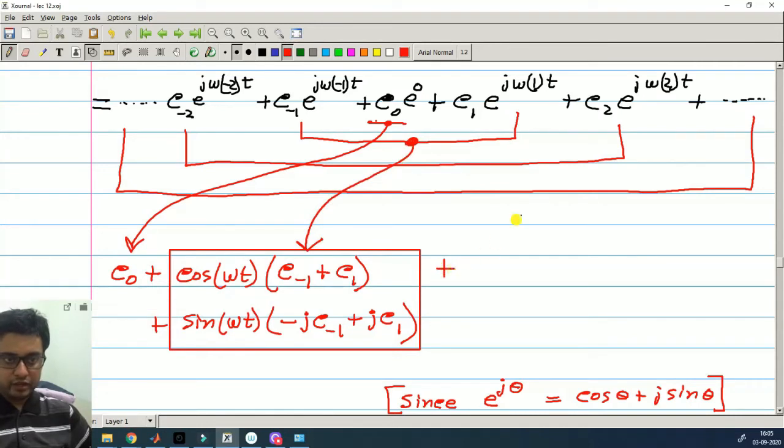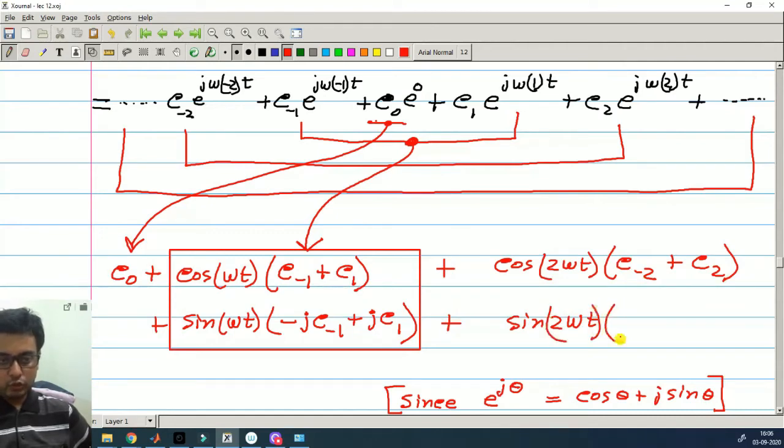Now in the same way, from this term and this term we will get cosine 2 omega t multiplied with c minus 2, and from here c plus 2, and then sine 2 omega t with c minus 2 and a minus sign, minus j c minus 2 plus j c 2.